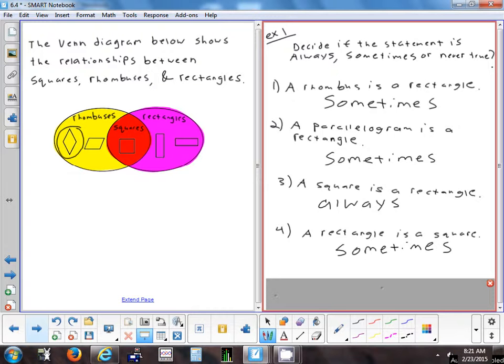Does anyone have any questions on that? It's a little tricky to think about, but once we do trapezoids tomorrow, we're going to make a diagram that has lines connecting it like the one on the side. Then I can show you it's very simple to figure these statements out.